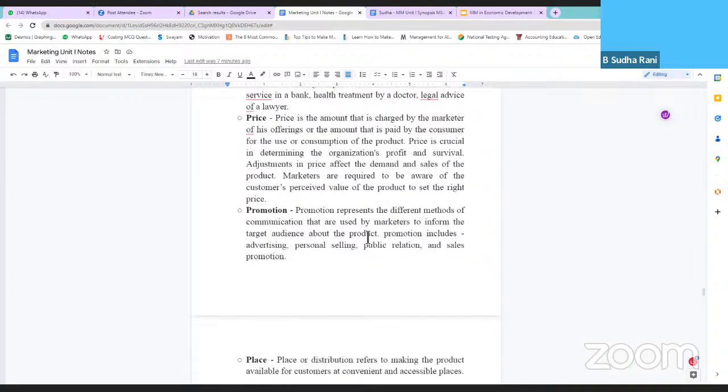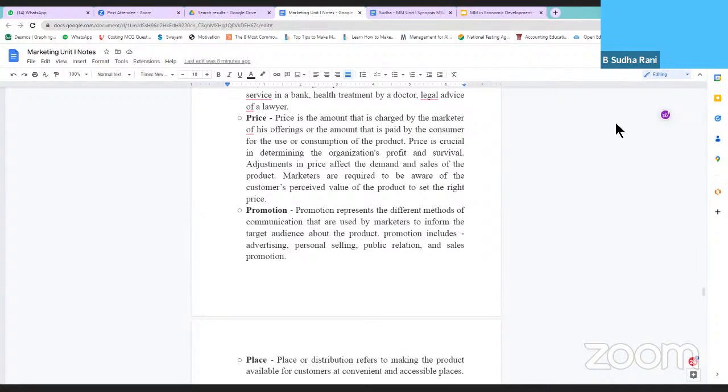The next one is price. Price is another element where, because of the competitor, the marketer has to take utmost care to meet customer expectations and his expected profit in a competitive way. He adopts various methods and strategies for charging the price. It is the only revenue generation element in the marketing mix.